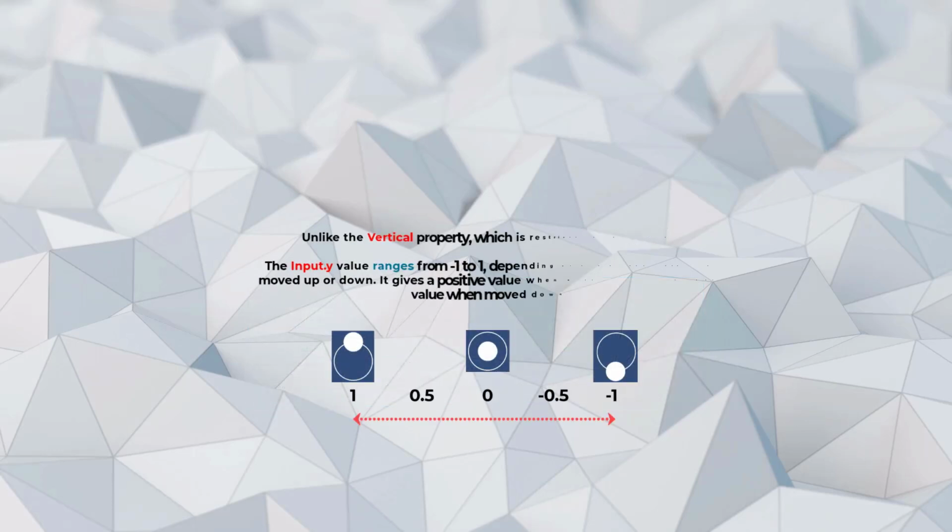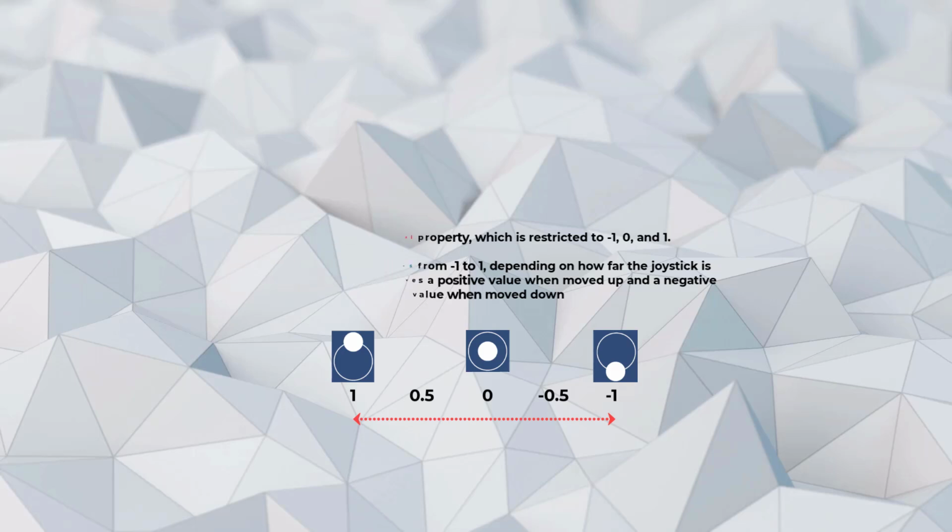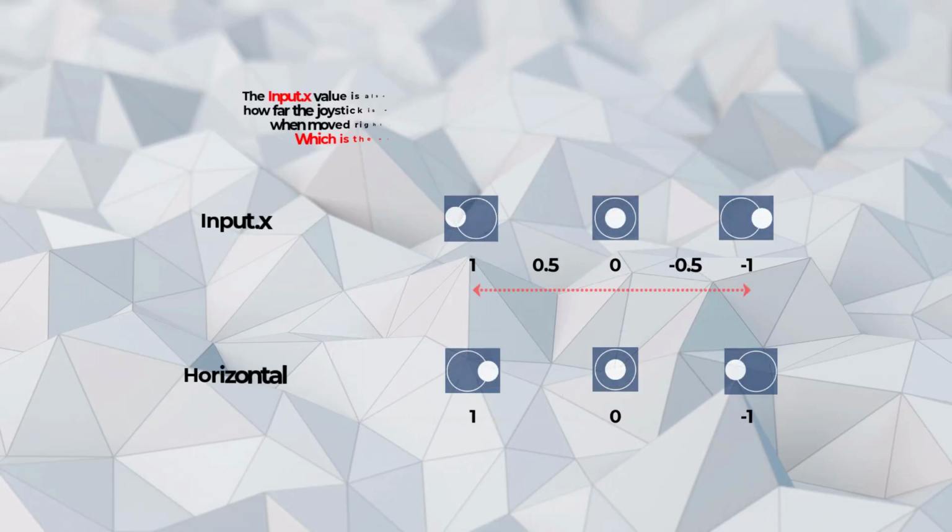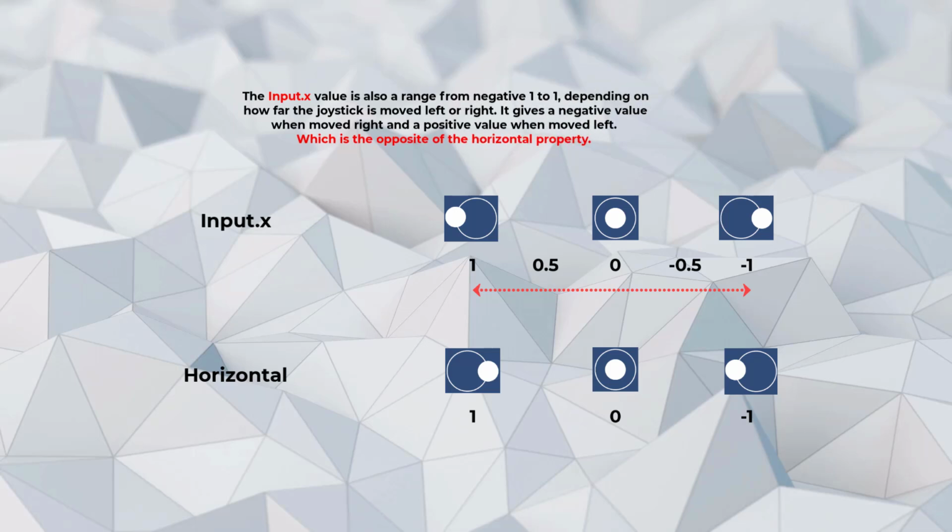Unlike the vertical property, which is restricted to -1, 0, and 1, the input.y value ranges from -1 to 1, depending on how far the joystick is moved up or down. It gives a positive value when moved up and a negative value when moved down. The input.x value is also a range from -1 to 1, depending on how far the joystick is moved left or right.